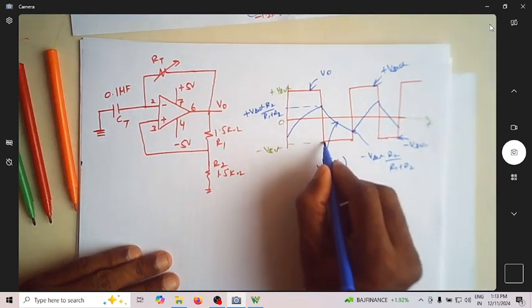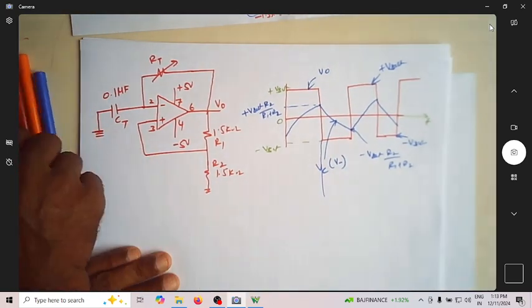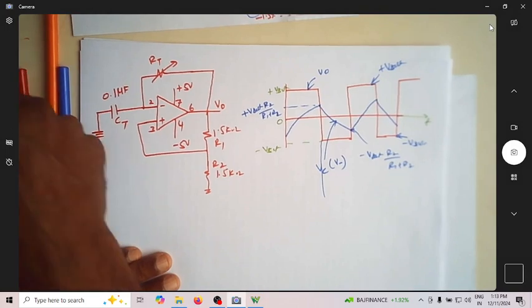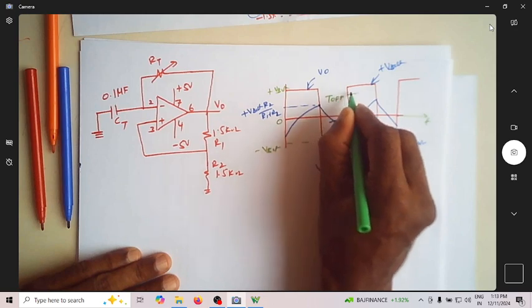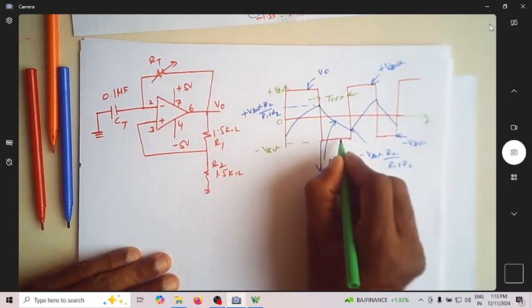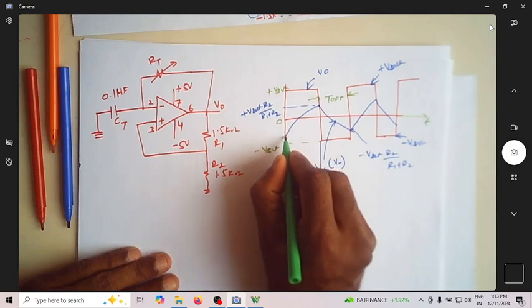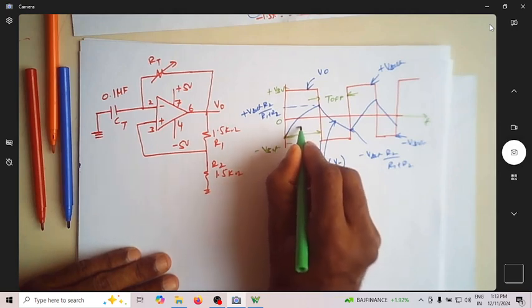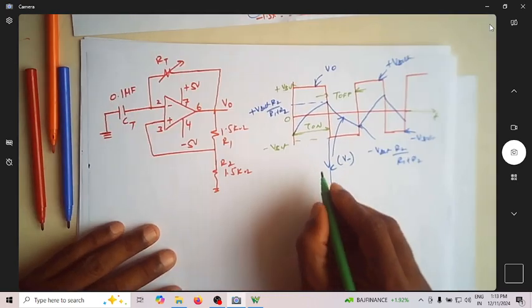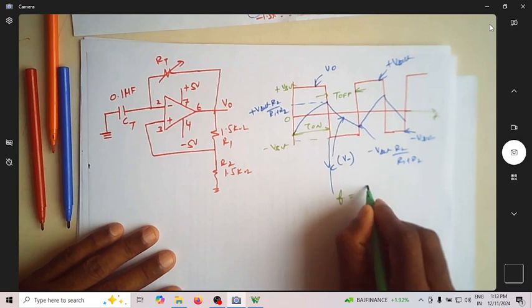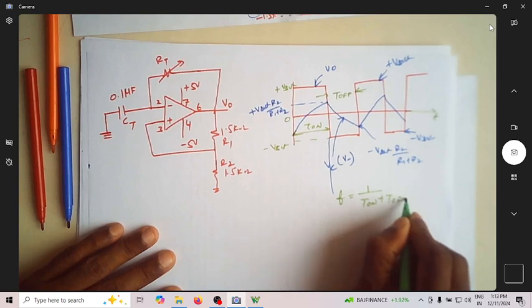This time is my off time, so let me write this as T off, because my output voltage is negative. This is T on, and this is T. Of course the frequency of the signal is nothing but 1 over T on plus T off.